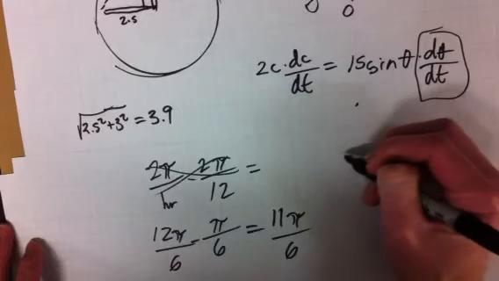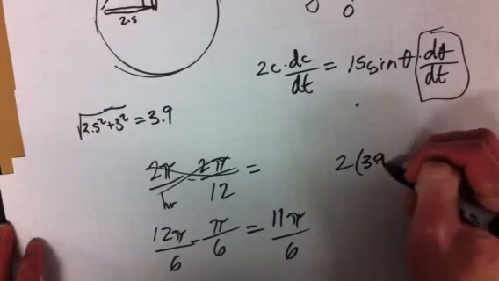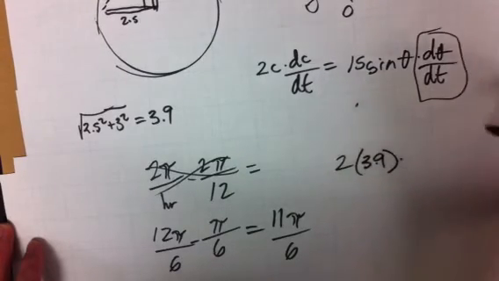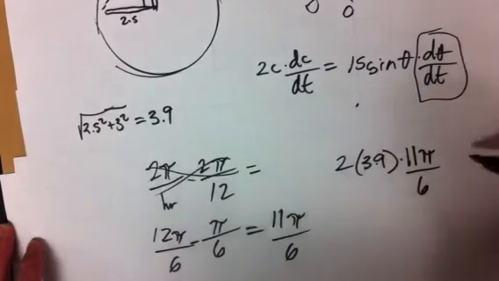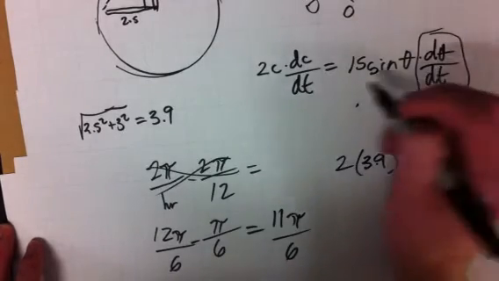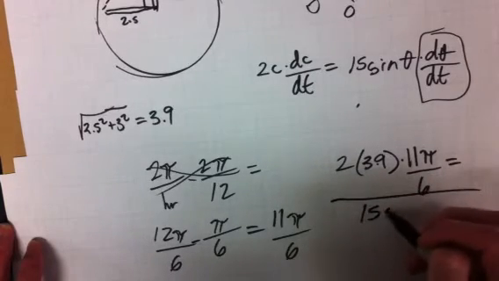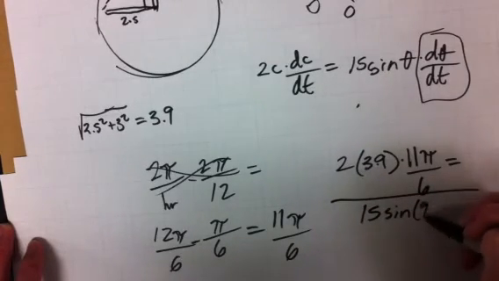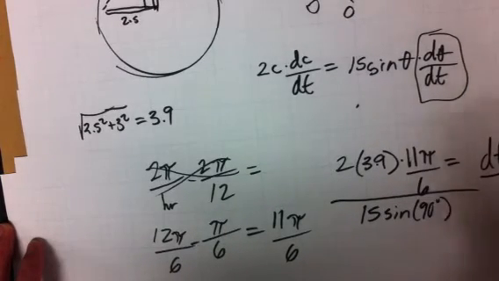So this ends up being 2 times the length of c, which is 3.9, times the rate of change in c, which is 11 pi over 6, and that equals, well, let's divide out the 15 sin theta, and theta is just 90 degrees, and that equals change in theta over change in time.